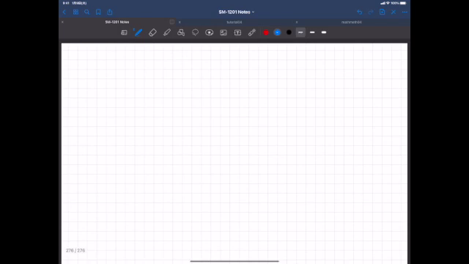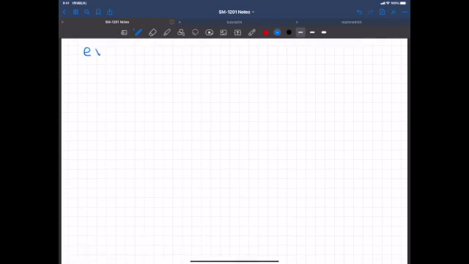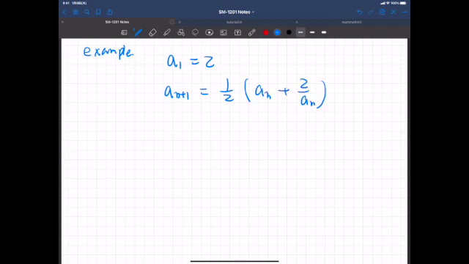Here's an example. Let us define a sequence by this. A1 is 2. And an plus 1 is defined by 1/2 of an plus 2 over an, where n is 1, 2, 3, and so on.